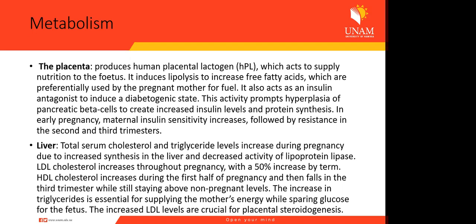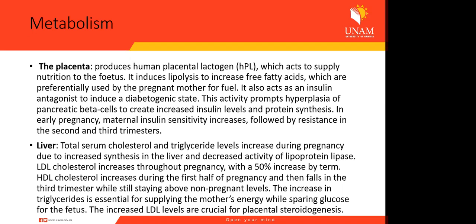All right, don't forget, like what we said about the placenta, the increase in triglycerides is essential for supplying the mother's energy while sparing glucose for the fetus. So there's a preference for glucose by the fetus, while this increase in LDL serves to provide adequate nutrients for parturition.